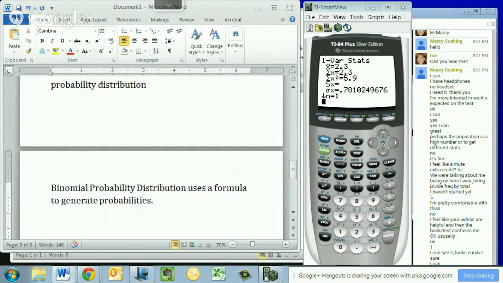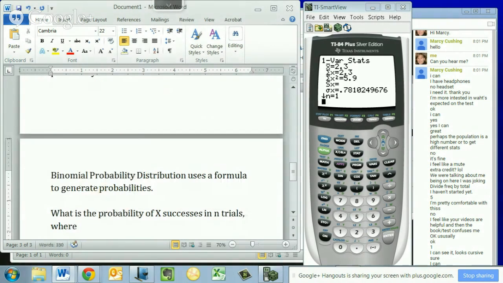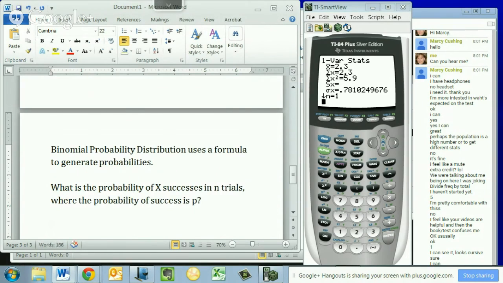And the general idea is that it answers the question, what is the probability of X successes in N trials, where the probability of success is P? So what's the probability that a couple has 3 children and they have exactly 1 boy, for example, where the probability of a boy is 50%?